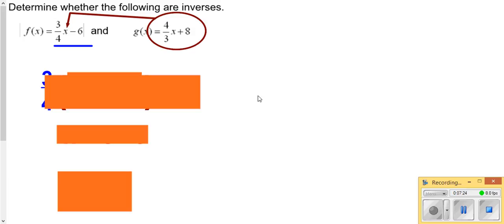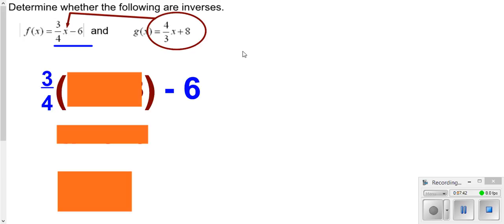Now, if you start off with two things that you're wondering if they're inverses, we can check that out. To check to see if they're inverses, we're going to take the one function and plug it into the other. In other words, it's a composition of functions. Our first function says 3/4 times your input minus 6. We're going to take our second function here, plug it in as your input.